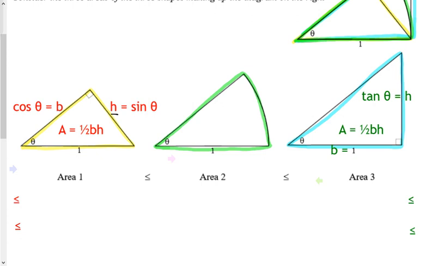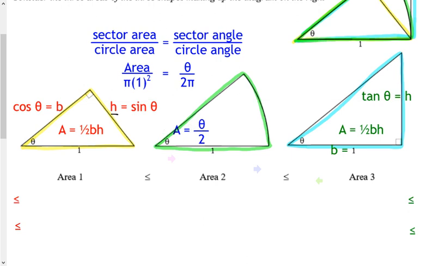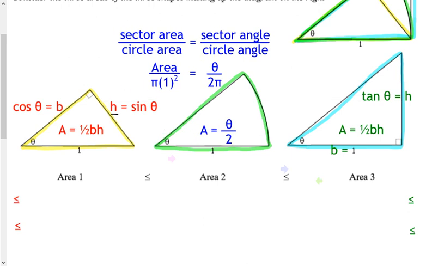The middle sector is going to take a little bit more effort because we haven't calculated areas of sectors in the past. But here's what we will do. If we look at the area of the sector compared to the area of a full circle, we'll have a fraction of the full circle.